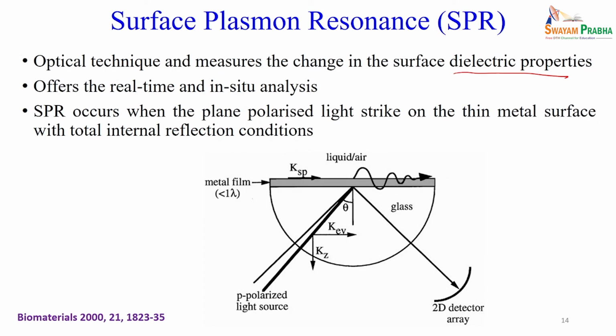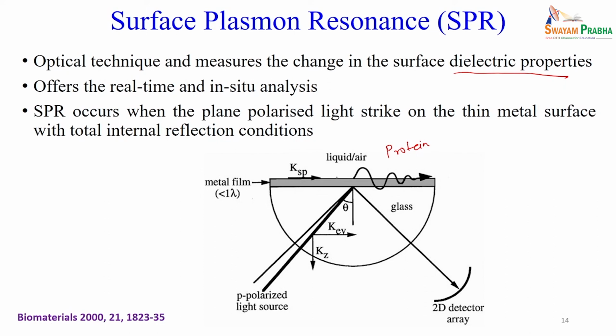The surface plasmon occurs when plane polarized light strikes a thin metal surface. So, this is the polarized light source, this is your metal film, and here is your liquid or air, you can say your protein solution.